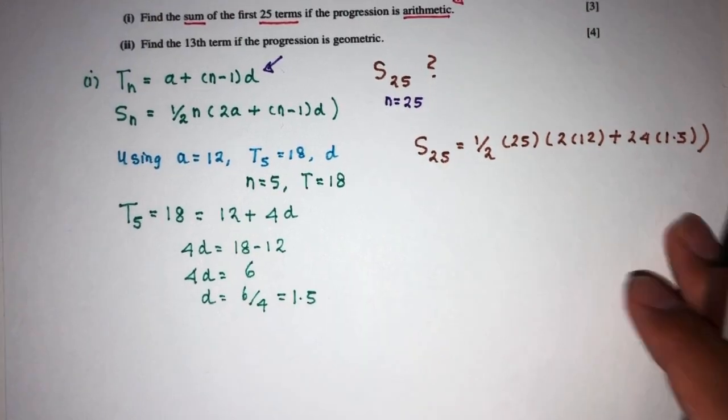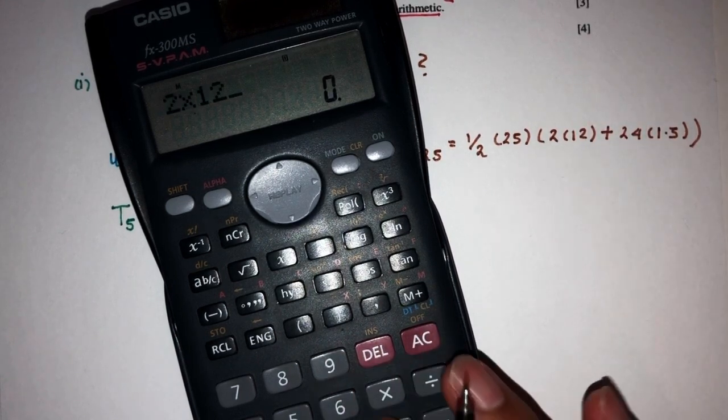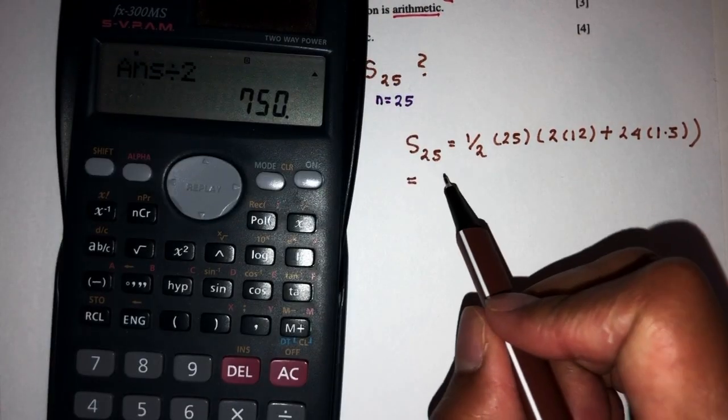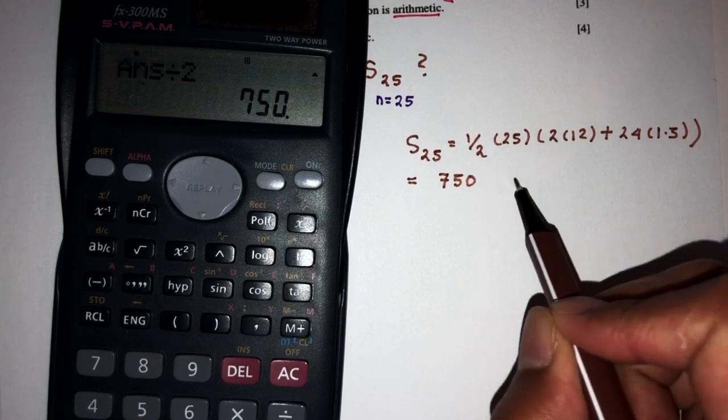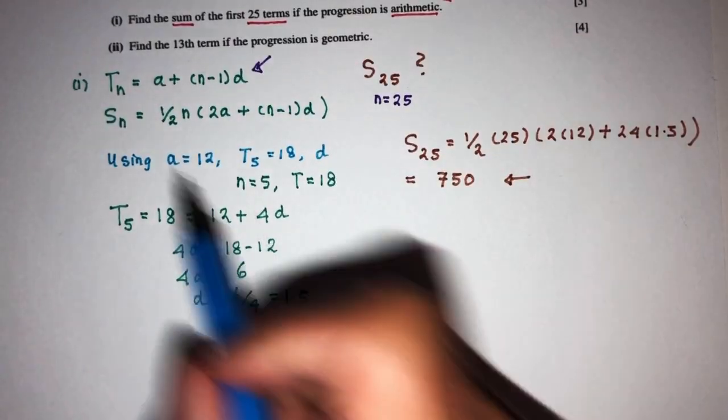That's it. We just have to put this in the calculator to find the answer. Inside first, 2 times 12 plus 24 times 1.5, then times 25 divided by 2. That will be 750, which is your answer for part 1 of the question. Now let's move on to part 2.